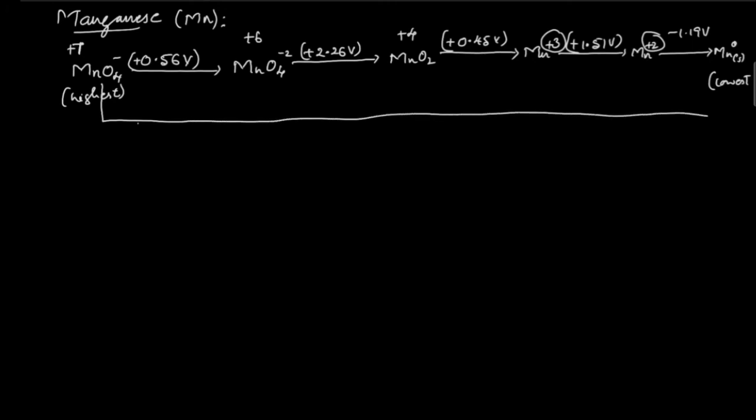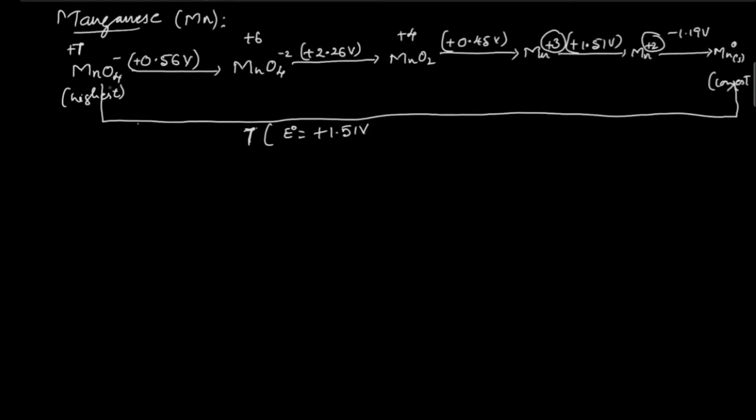MnO4 minus, which is in the plus 7 oxidation state, to 0 oxidation state. Here 7 electrons are involved in this reaction. For this, E naught value will be equal to plus 1.51 volt.